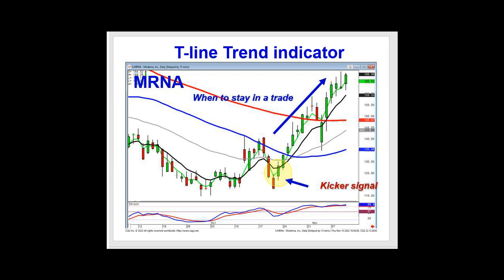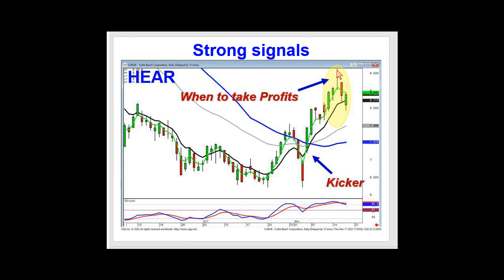Sonny is just visually looking at it. That's a good distance away from the T-line. So what is the visual, just a quick visual analysis?